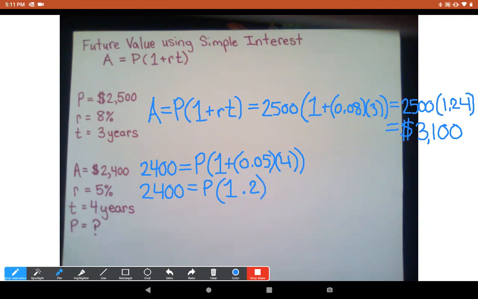And now if we divide both sides by 1.2, we'll isolate P. So P will be 2,400 divided by 1.2, which is 2,000. So if we deposit 2,000 into the account, after 4 years we'll have $2,400 in the account.